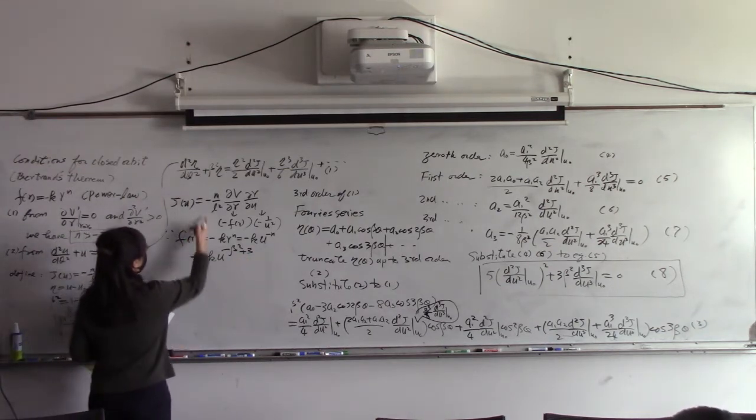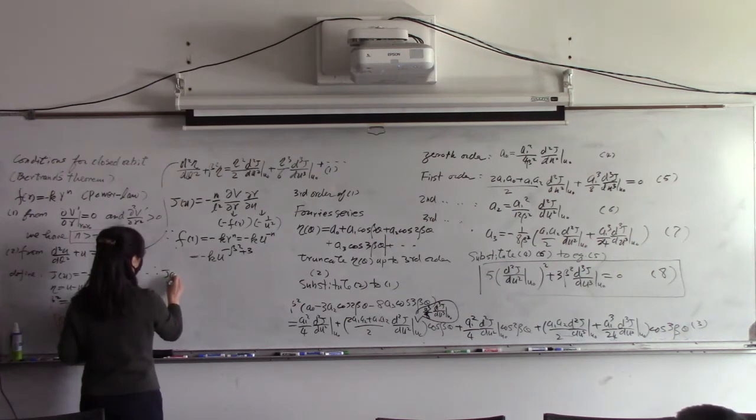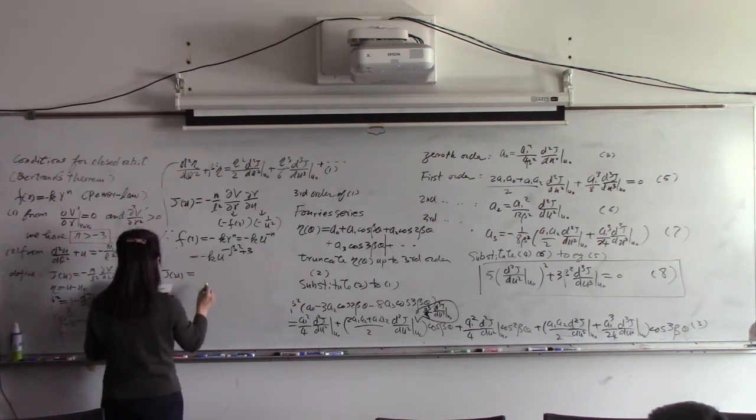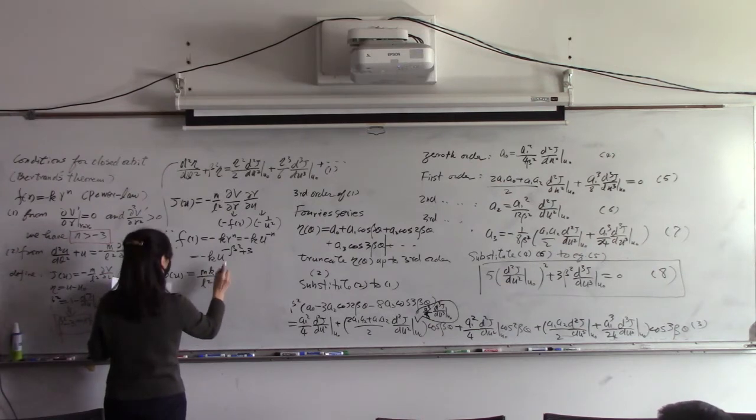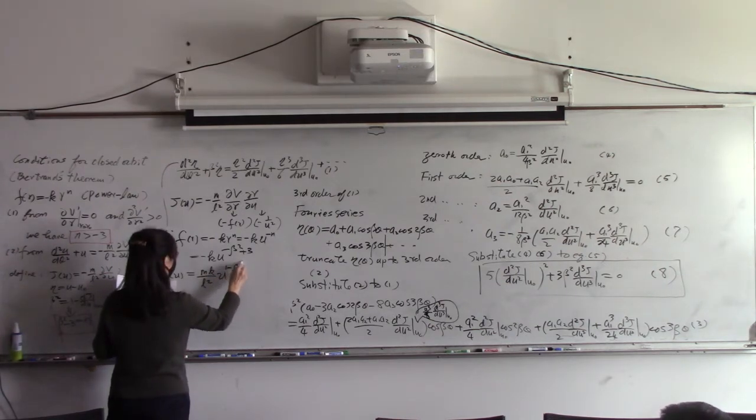You just substitute this, and then you find G as a function of U. It is M K over L square, U to the 1 minus beta square.